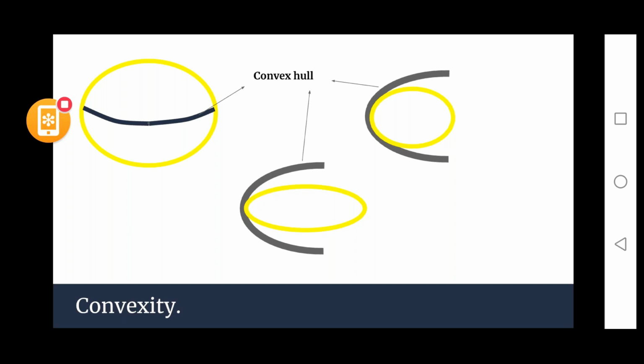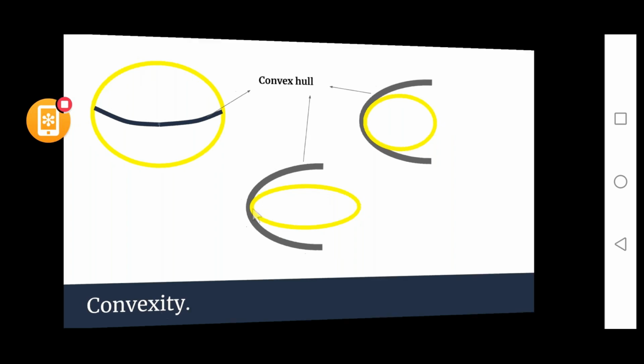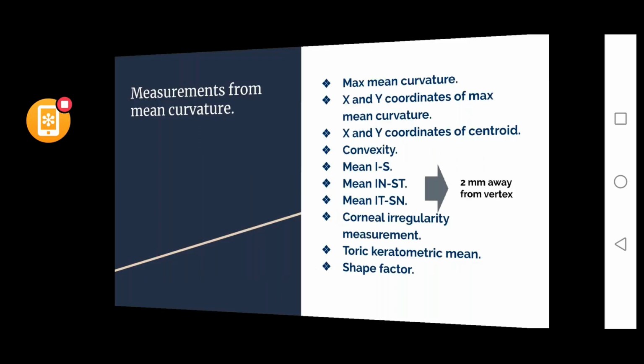And suppose we see a patient who has undergone myopic LASIK surgery, we'll see a convexity value more towards 0, and in keratoconus cases we'll see it more towards 1. So this is what is known as the x and y coordinates of the centroid as well as the convexity.